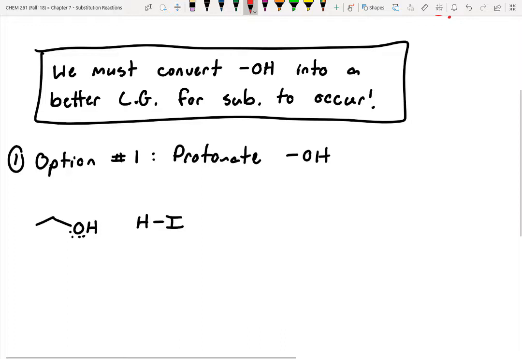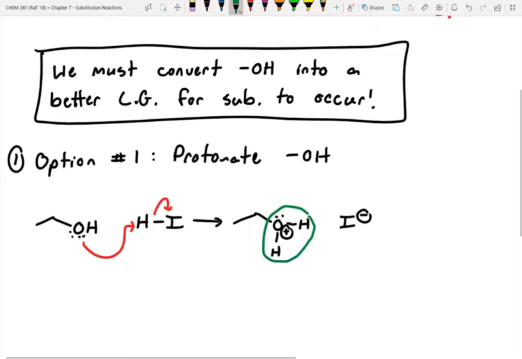The fastest reaction is acid-base chemistry. So this alcohol is going to get protonated super duper quick. And then our conjugate base, conveniently enough, is our nucleophile of interest, right? So if our conjugate base is our nucleophile of interest, all of a sudden we've got this good leaving group.